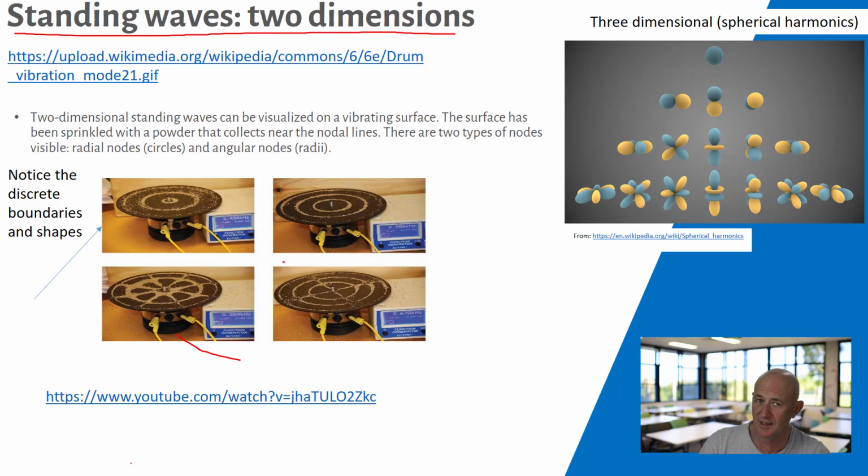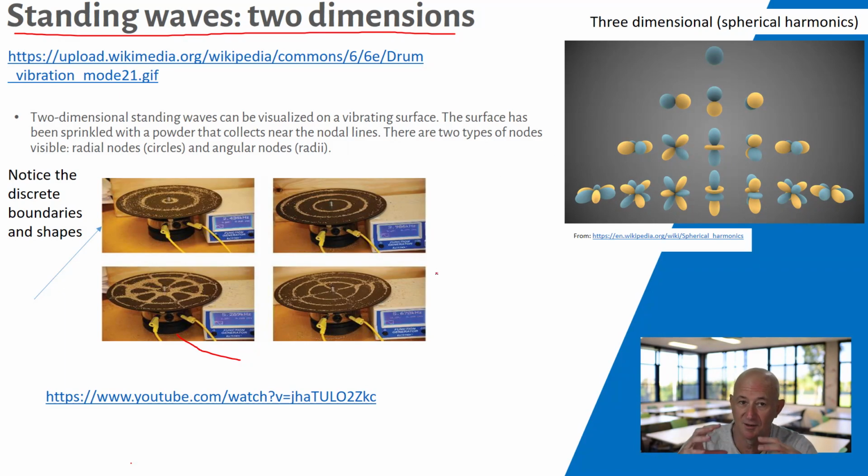As you could see in the linear standing wave, it's either 1 or 2 or 3, and these are doing some fairly complicated things here. But you do get these discrete boundaries and shapes. Now, if we go one more dimension, that is 3 dimensions, which is what Schrodinger did, then you can derive the mathematics.